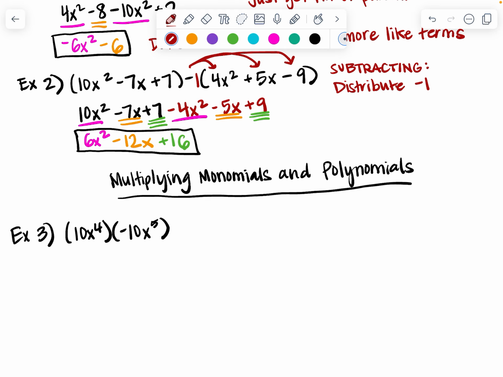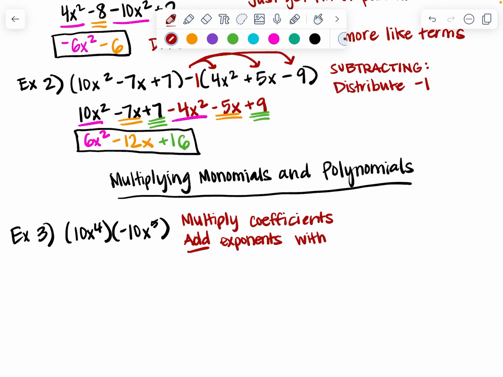So when you are multiplying, you're going to multiply the coefficients. In this case, that's 10 and negative 10. And then you're going to add the exponents. In order to multiply the variables and add the exponents, they have to have the same base.